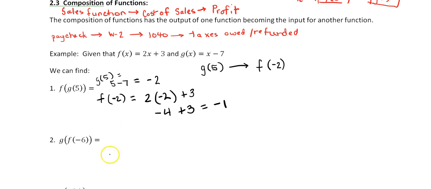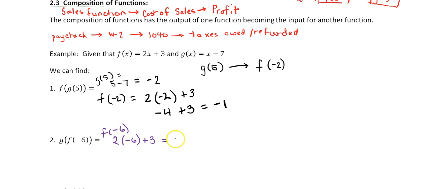Let's go with this. Alright, so here I'm going to have my negative 6, and I'm going to start with my f function. So I have 2 times, instead of an x, I'm going to put in my negative 6, plus 3. And this is my f of negative 6.